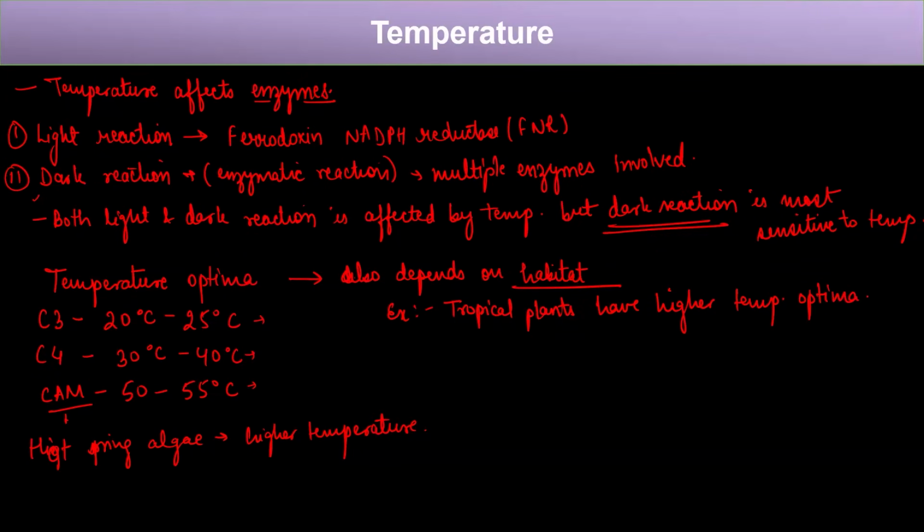Based on the habitat, these plants adapt themselves. That's why C4 plants, which are found in the tropical region, have higher temperature optima. CAM plants are found in the desert mostly, so they have even higher temperature optima than C4 plants. So temperature optima depends on the habitat, and plants adapt themselves based on the habitat, and hence their temperature optima increases.